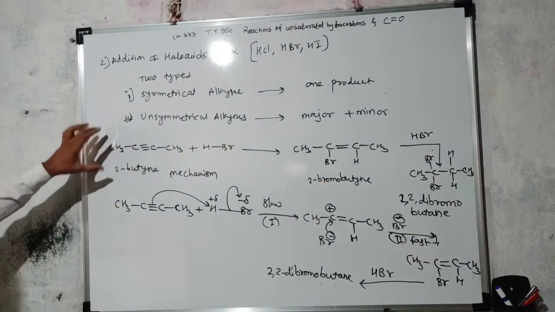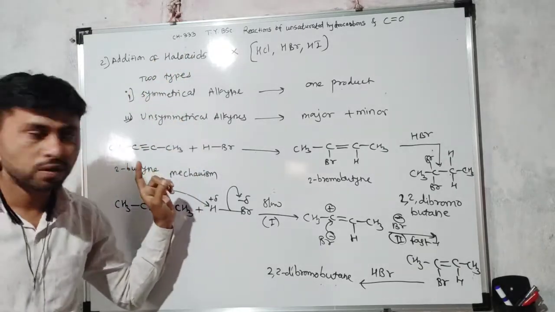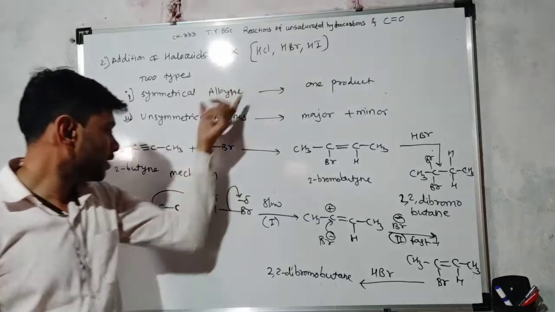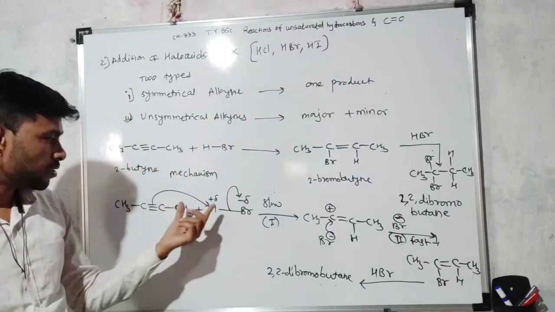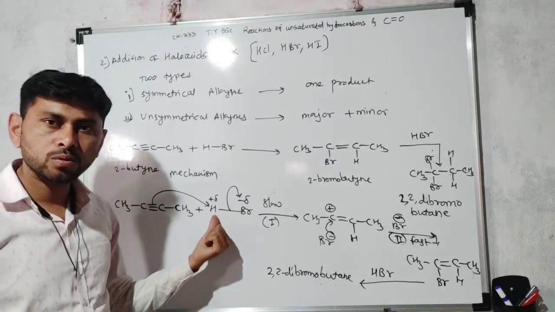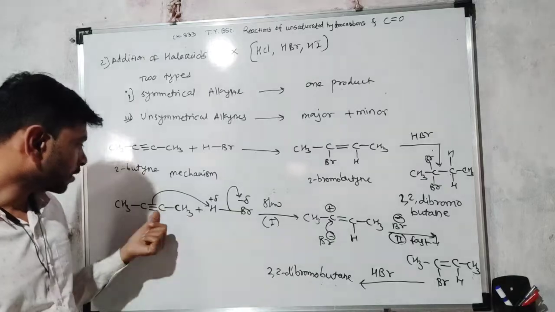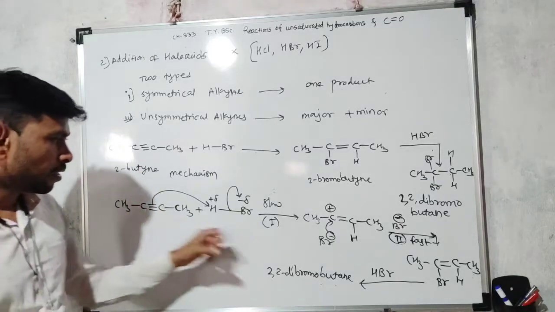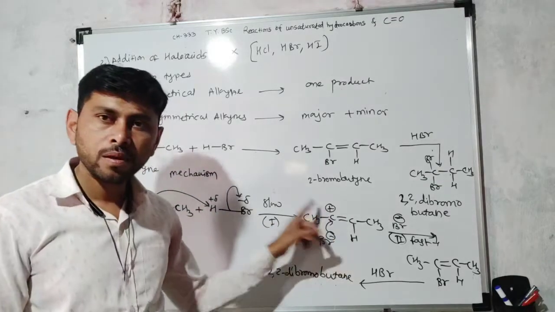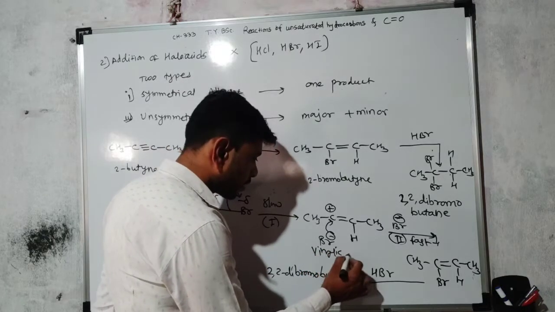Okay, so this is the mechanism of addition of haloacids with symmetrical alkynes. Here, in the first step, the pi electron density shifts to accept this H plus. When this H plus gets accepted by one of the carbons, the other carbon is left with a positive charge. We call it a vinylic cation.